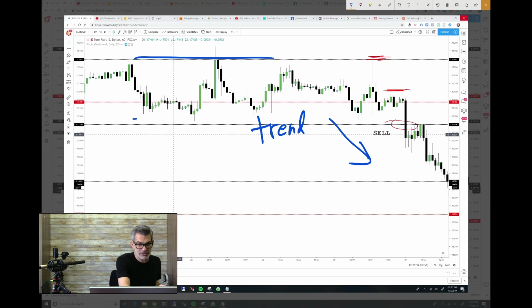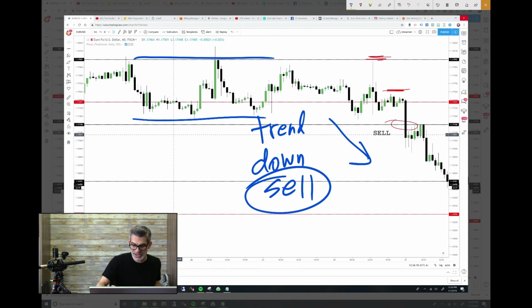Because we've broken out of an area of consolidation and we've gone down, we want to favor all sell trades. So if price does eventually break above over here when we move forward, I'm not as interested in buying. Why? Because we had a period of consolidation, we broke lower, and now we want to look for sell trades.